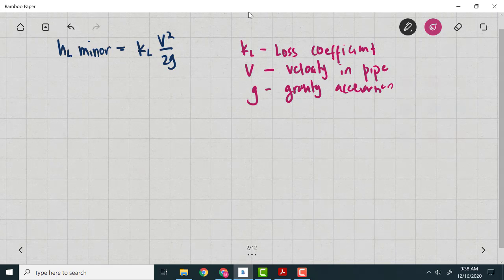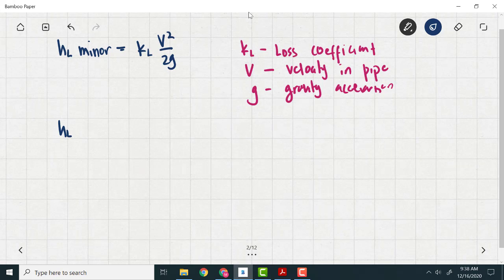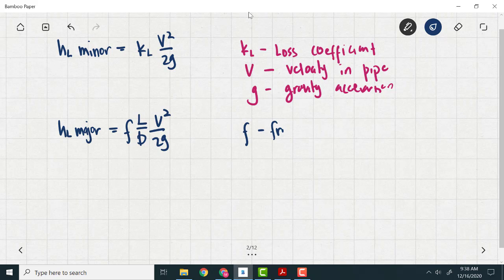Alright, and for major losses, let's say HL major equal to F, L over D, V square over 2G. Okay, where F is the friction factor. You can find it guna Moody chart ataupun boleh guna Colebrook equation lah.